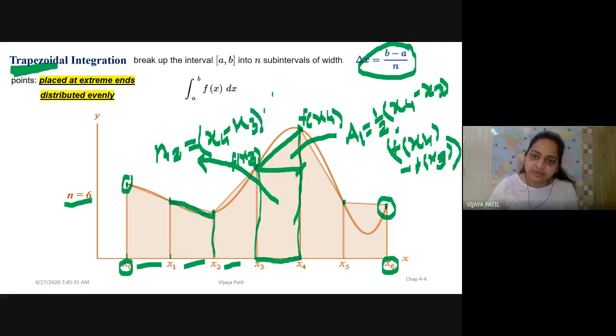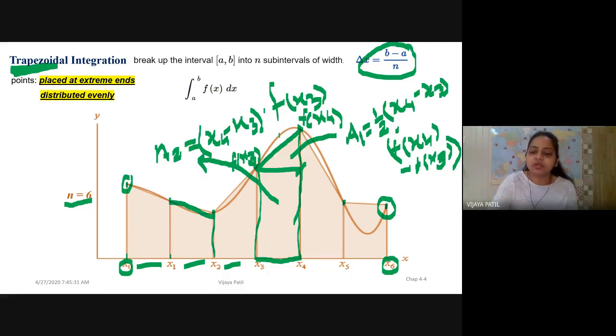This height is f of x3, right? And if I add these two and do some algebra here, I'm going to get the area of this trapezoid, right? The area of this trapezoid.